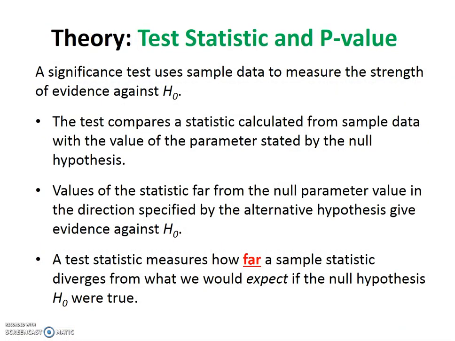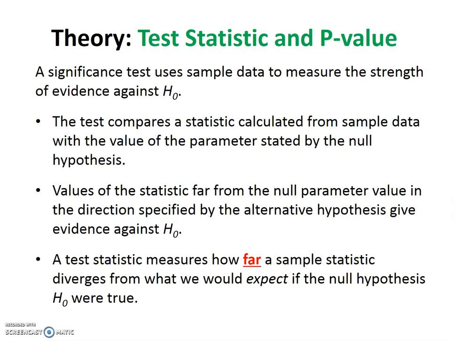So just a little bit of remembering and a little bit of background. A significance test uses sample data to measure the strength of evidence against the null. The test compares a statistic calculated from some sample data with the value of the parameter stated by the null hypothesis. So we're comparing a statistic to the value of the parameter in the null.